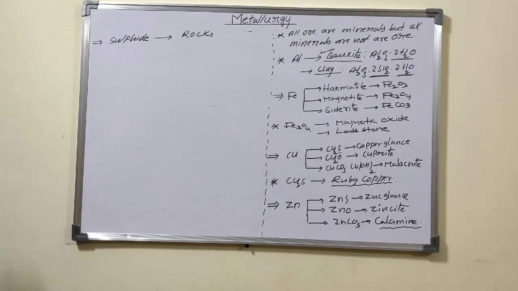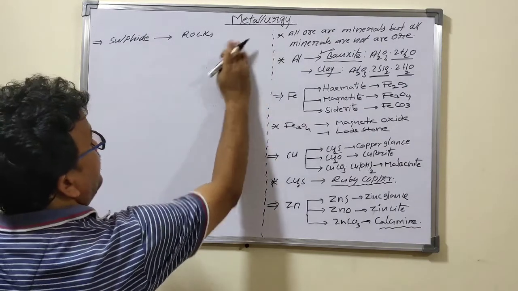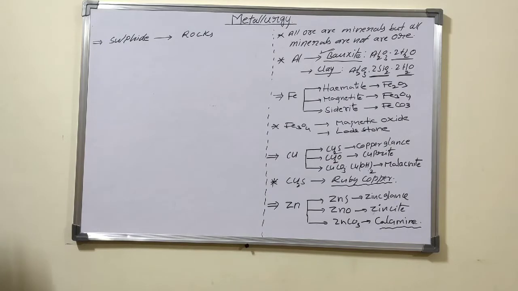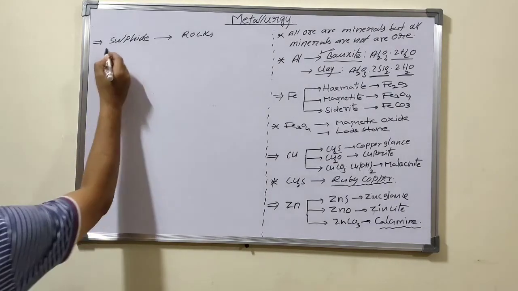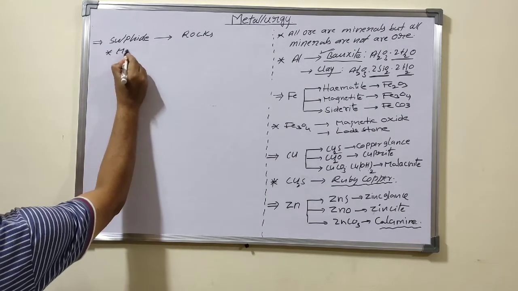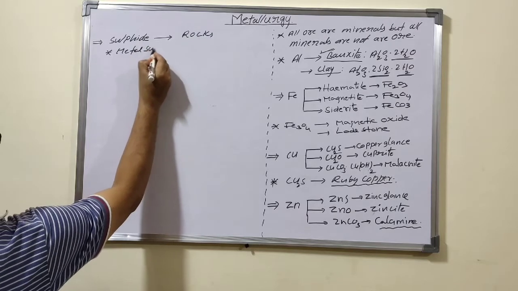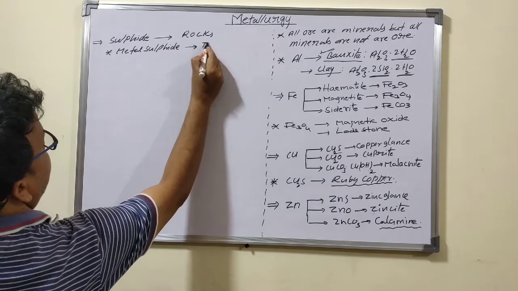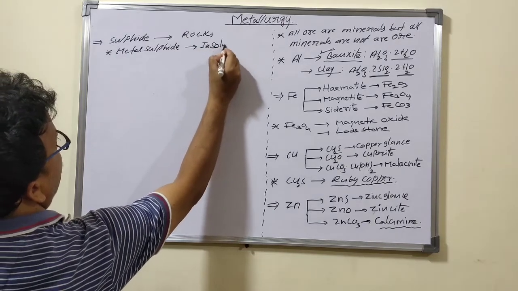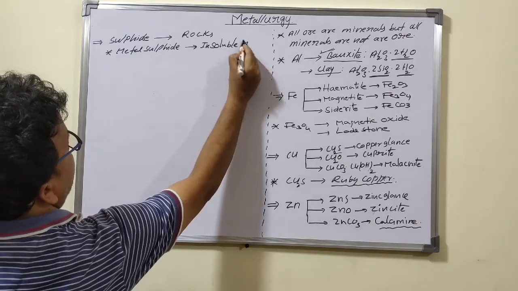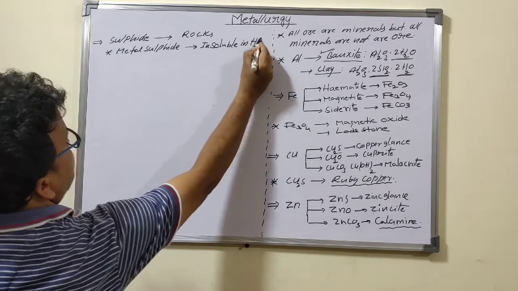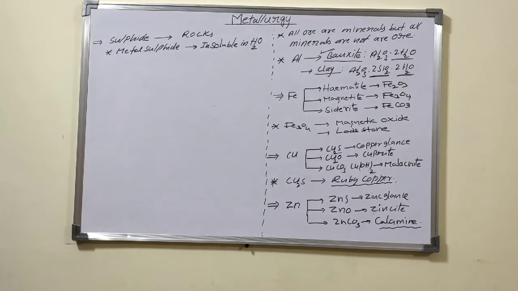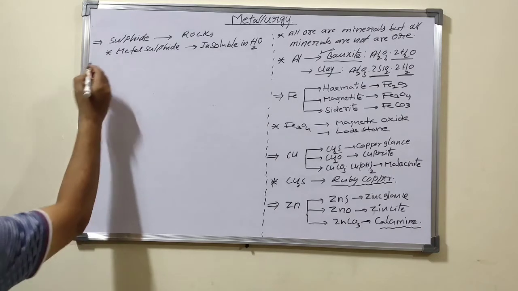Minerals which are in sulfide form occur in rocks. Why do these occur in rocks only? Because metal sulfides are insoluble in water. Remember, metal sulfides are insoluble in water. That's why they are in rocks.